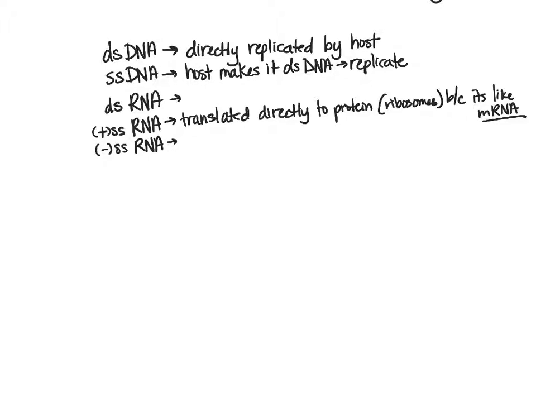So it can be translated directly to a protein. So it can get into the cell, and that information from that virus can be translated directly into making all of its capsomeres and all of the pieces that virus needs to then exit the cell.